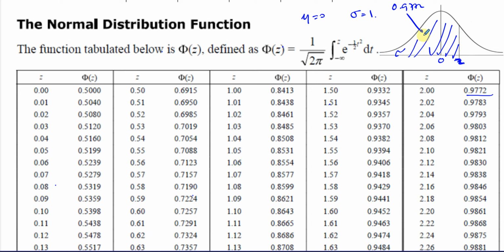So this would be the proportion of items which was less than 2 standard deviations above the mean, right? So this is referring to data when it has a standard deviation of 1 and a mean of 0.